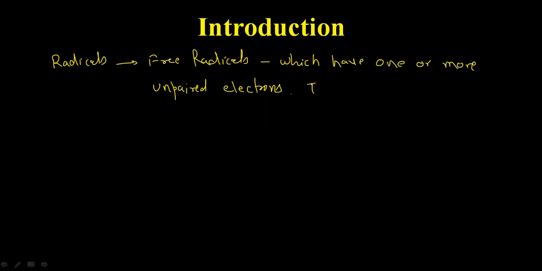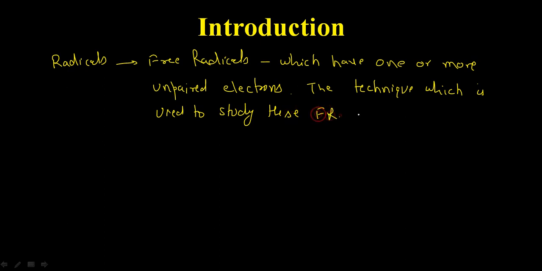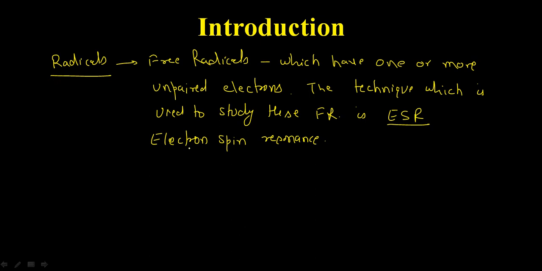And the technique which is used to study these free radicals is ESR. ESR stands for electron spin resonance. This is a highly appreciated spectroscopic technique for studying free radicals.